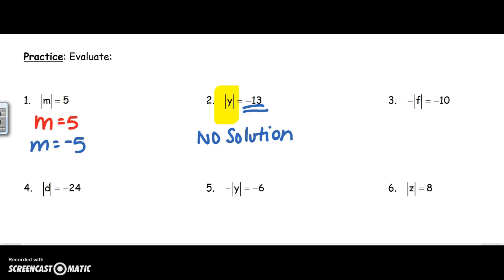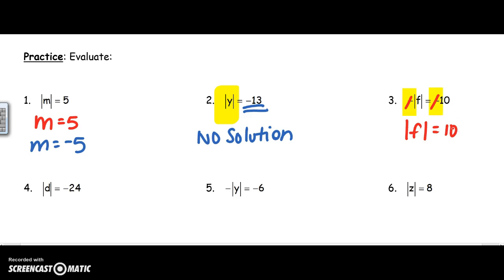But take a look at number 3. See how there is a negative on the outside of your absolute value bars? And you got a negative in your answer? This is a true statement because really those negatives will just cancel each other out, and all you're left with is the absolute value of F is 10.